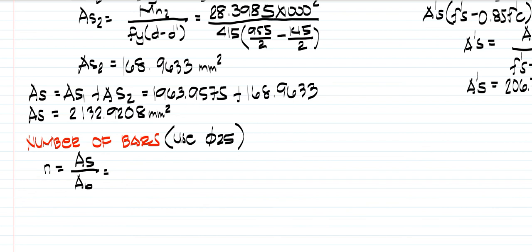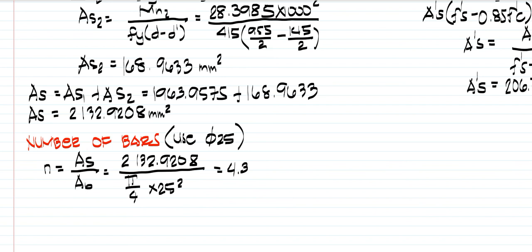That is 2132.9208 divided by pi over 4 times 25 squared. And that will be a value equivalent to 4.3452. And approximately that is 5 pieces.